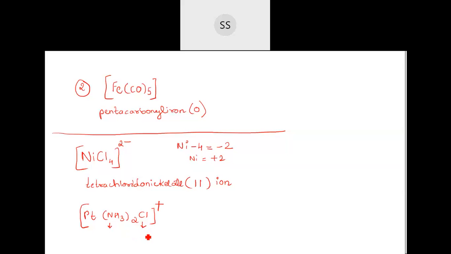And how is the name? Yes, correct. Yes, students, answer.